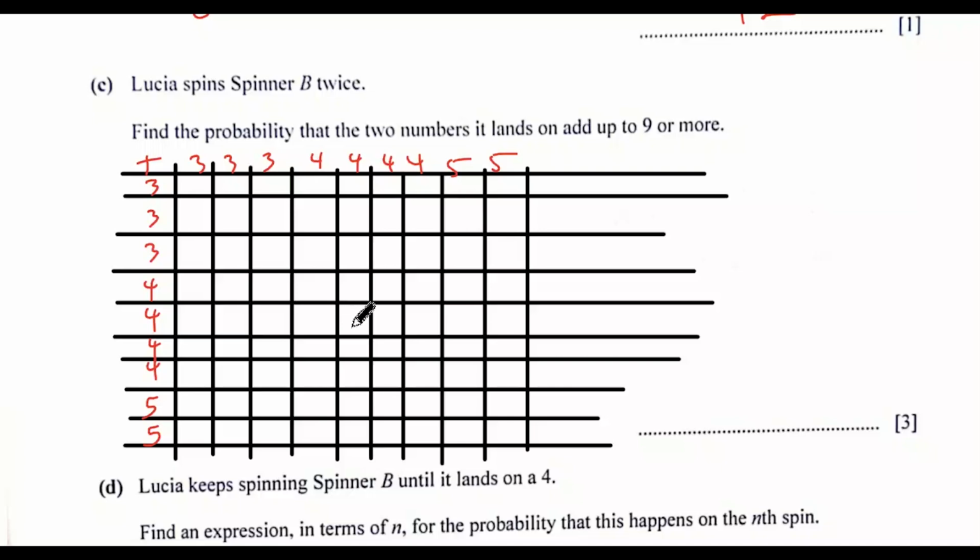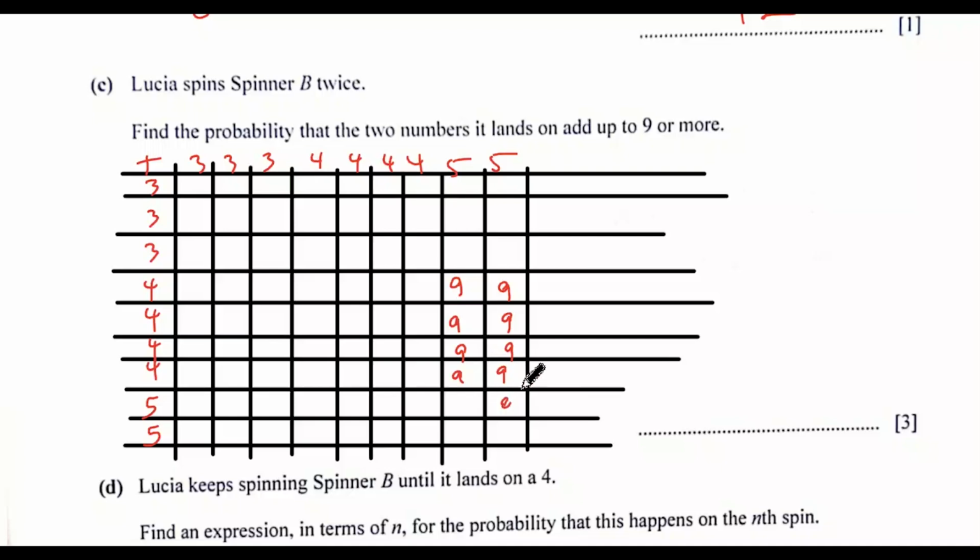The sums that will be greater than or equal to 9 will be the combination of 4 against this 5 here. So from here we are going to have 9 here, 9 here, 9 here, 9 here.